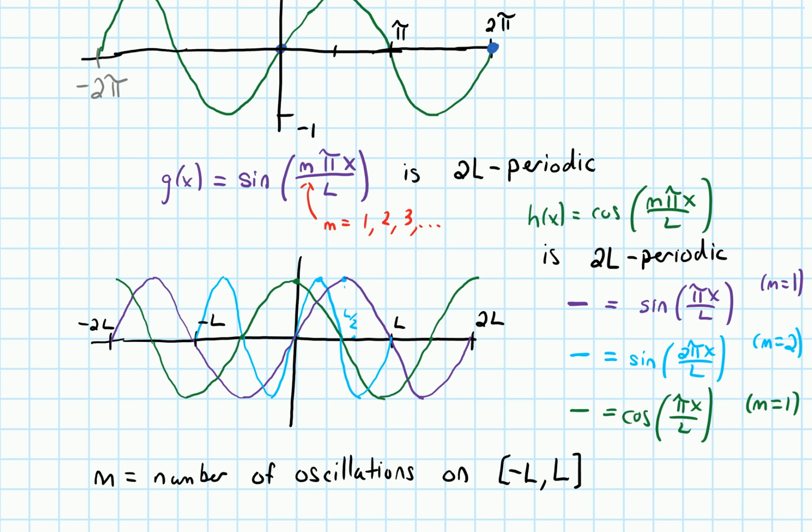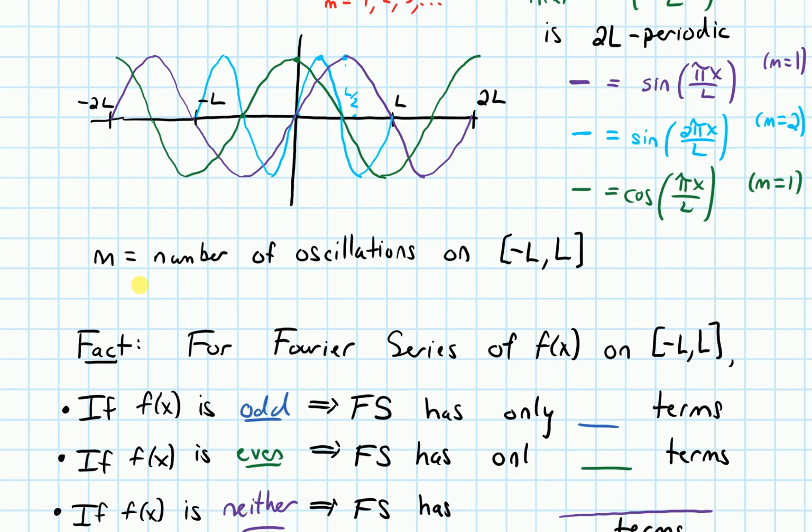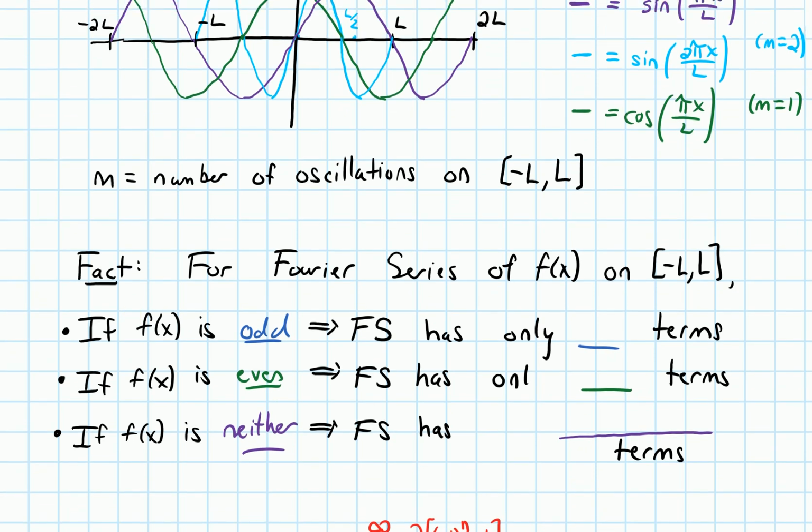All right, so now I want to start to tie this in with Fourier series a bit. I want to state a key fact about Fourier series. When we talk about a Fourier series for a function f of x on a closed interval from negative L to positive L, if my function f of x was an odd function, then its Fourier series would only have the odd terms.